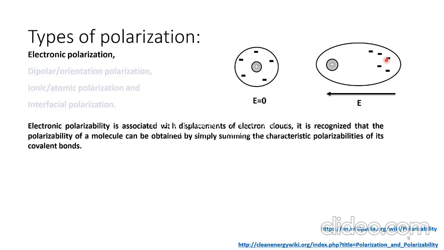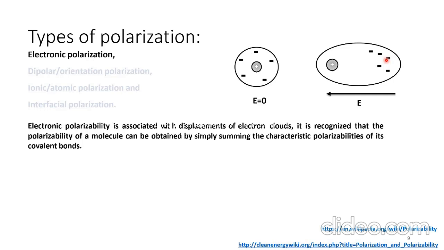It is recognized that the polarizability of a molecule can be obtained by simply summing the characteristic polarizability of its covalent bonds. So, depending upon the number of covalent bonds, we can sum that up and characterize the polarizability of the molecule.